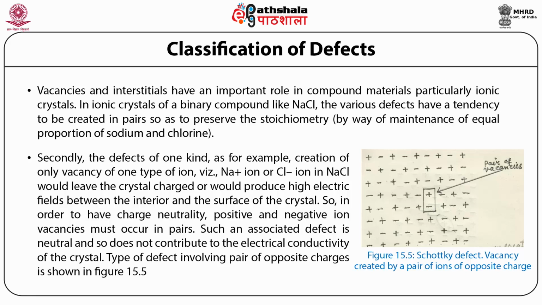Secondly, defects of one kind, as for example, creation of only vacancy of one type of ion, namely Na plus ion or Cl negative ion in NaCl, would leave the crystal charged or would produce high electric fields between the interior and the surface of the crystal.